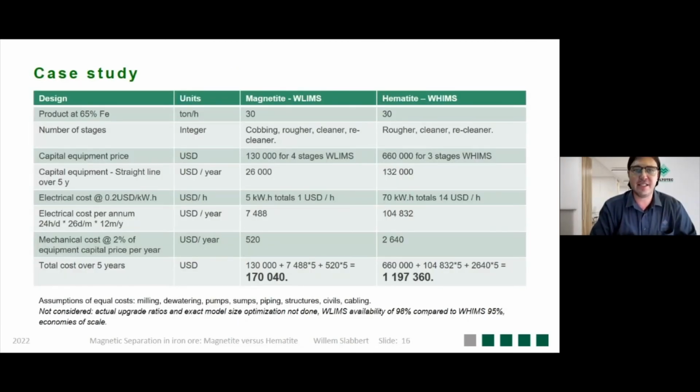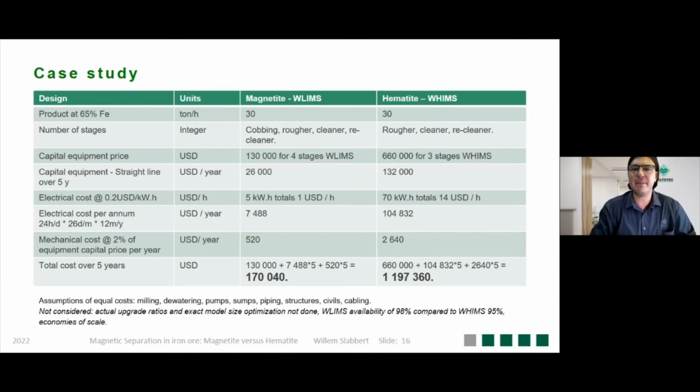And now for our case study cost analysis between the two technologies required for magnetite versus hematite beneficiation. The base case is the same for both, and it is a production tonnage of 30 tons per hour at 65% Fe. We've mentioned that the number of stages required for magnetite beneficiation is 4, and the number of stages required for WIMS beneficiation is 3.